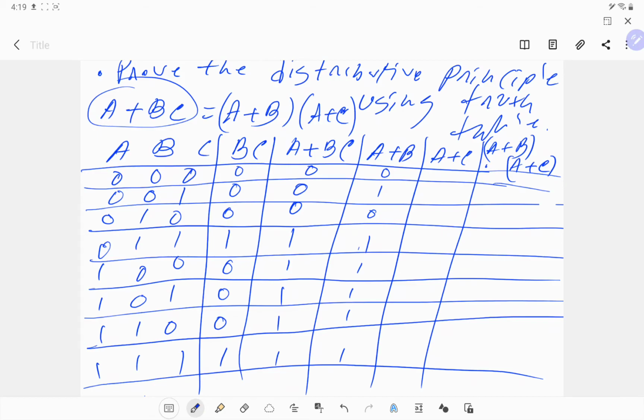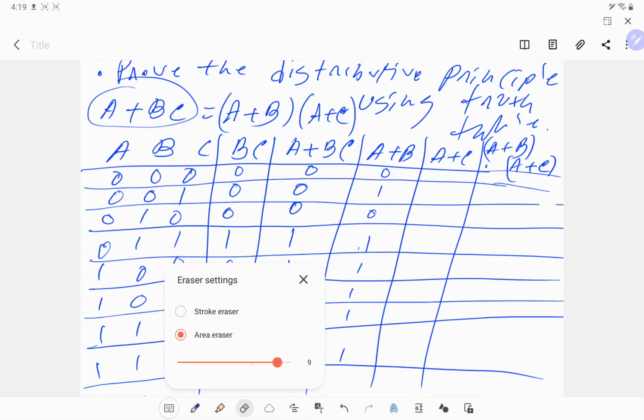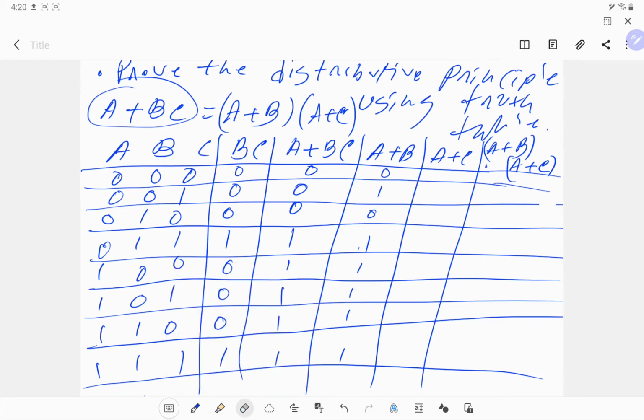For A plus B, the first one is 0, the second one is also 0, the third one is 1. Okay, now it's right. For A plus C, that's 0, 1, 0, 1, 1, 1, 1, 1.